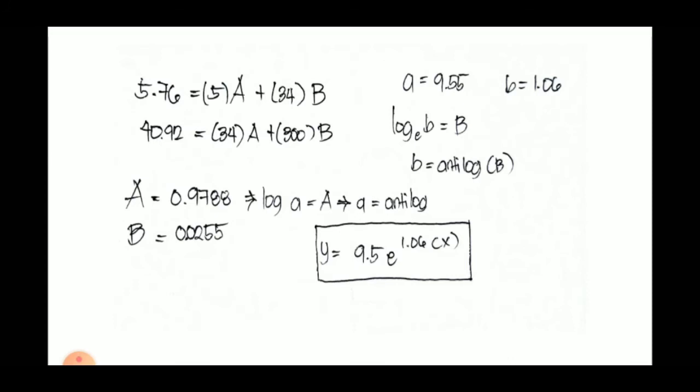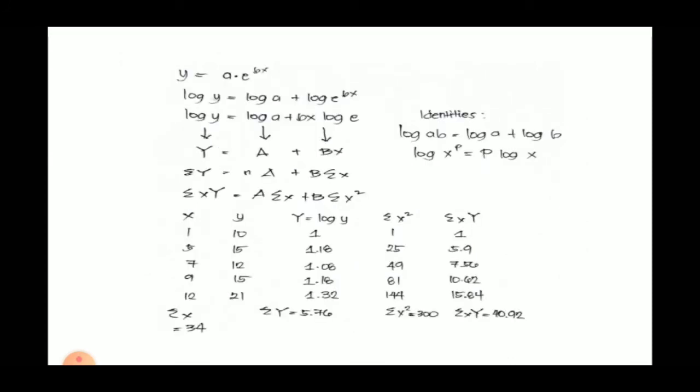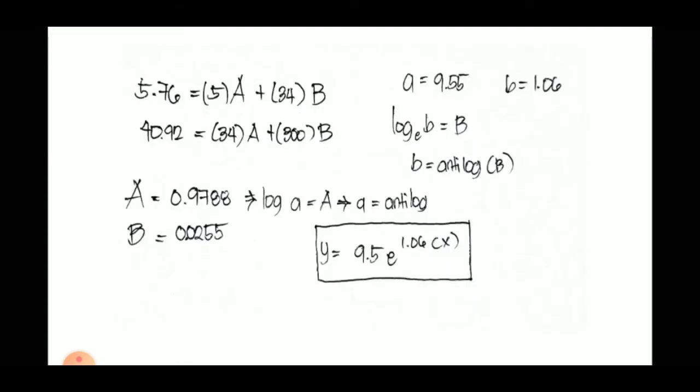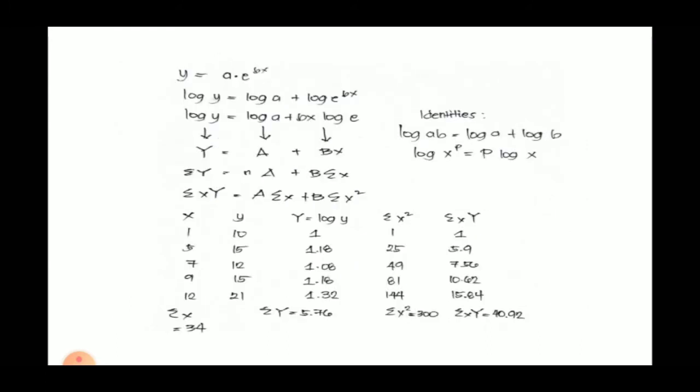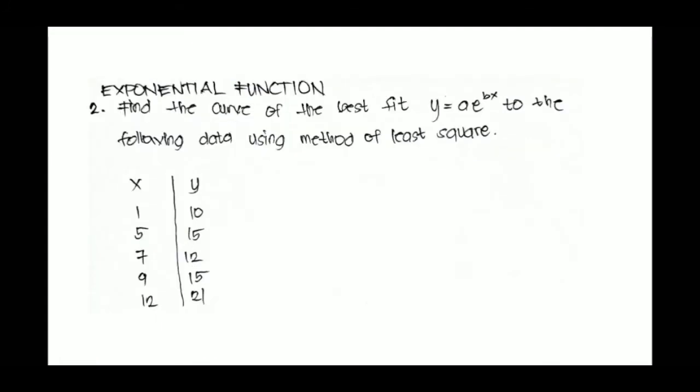In the second equation, the summation of x times big letter Y, which is the summation of xy, is 40.92.